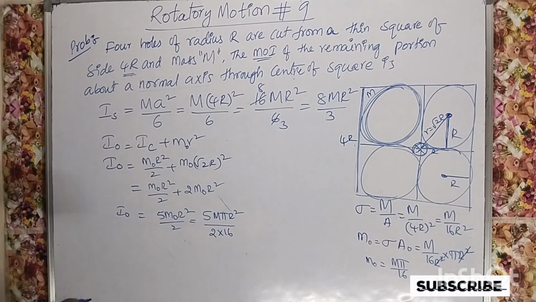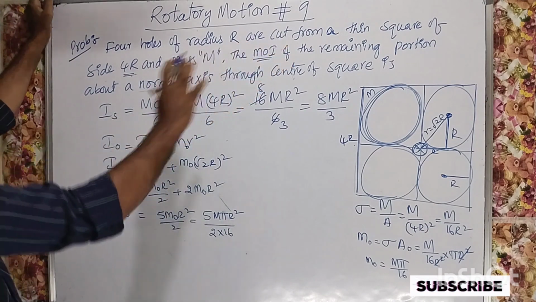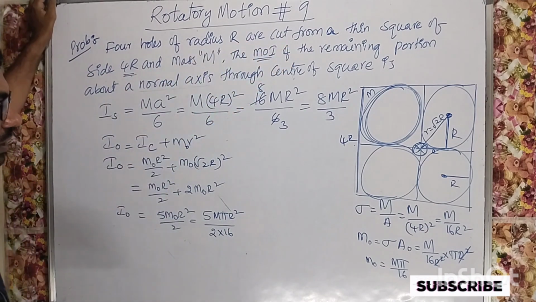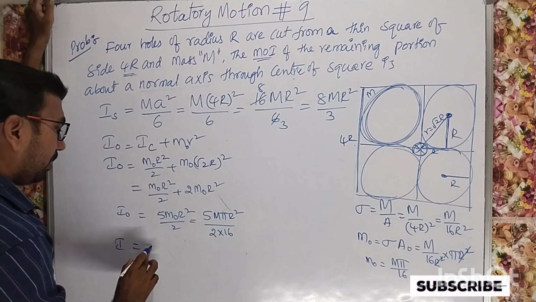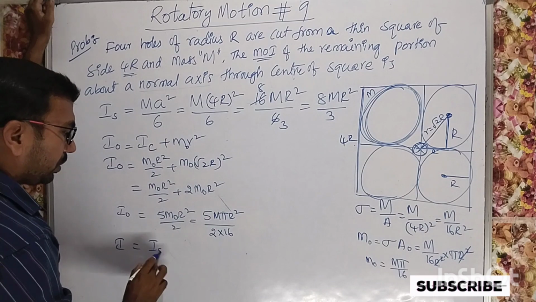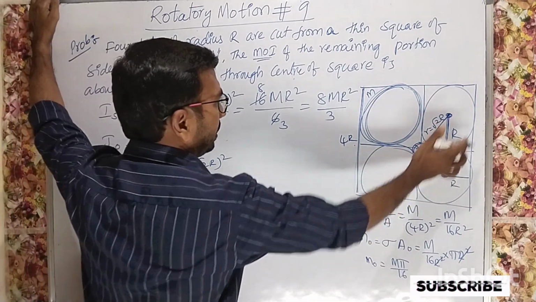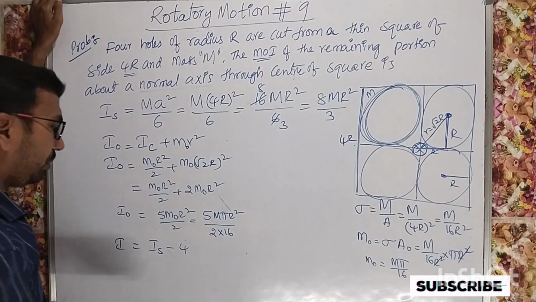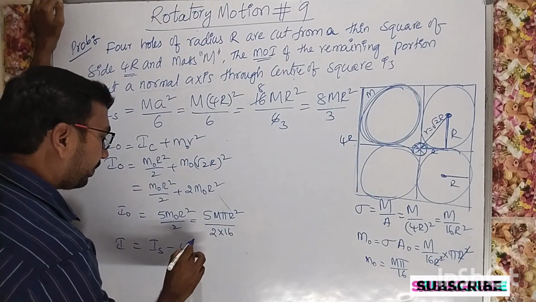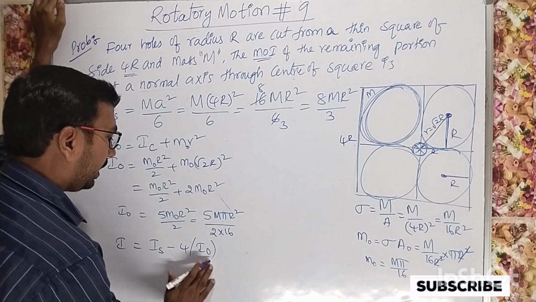So here you can find out the moment of inertia of the remaining portion about a normal axis passing through the center. That I is equal to the moment of the square minus 4 times I naught, because 4 hole masses are removed from the square.